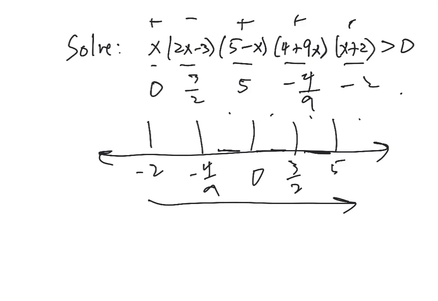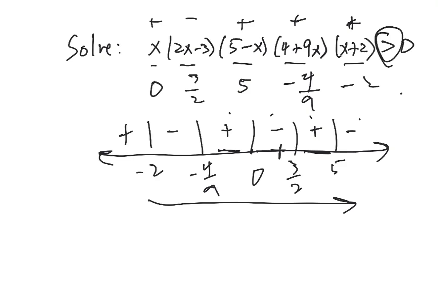Now, if I multiply, this is a plus sign, 4 positive numbers times a negative, I get a negative number. And where is 1 on the number line? Well, it's bigger than 0, but less than 3/2. So in this region, the expression is negative, and because they're all first degree polynomials, it's just going to alternate.